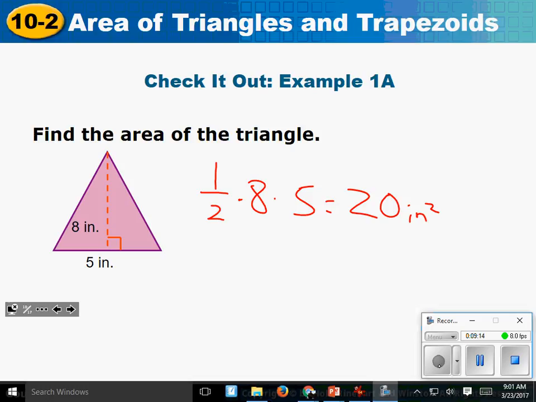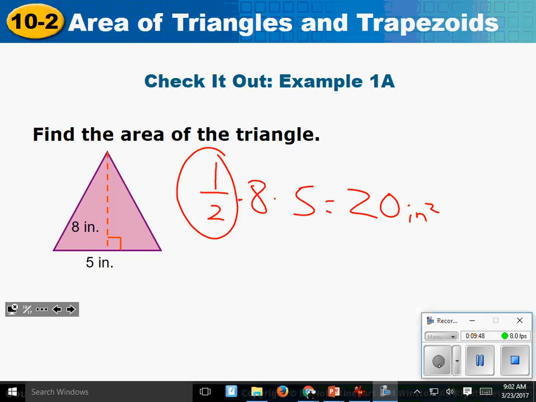You can do that too. It all works. 8 times 5 divided by 2 works. Whatever works best in your head. Because at some point in time you got to cut something in half. Whether it's the total, whether it's one of the two, or whether it's the base or the height, when you multiply by a half, you are dividing by 2.